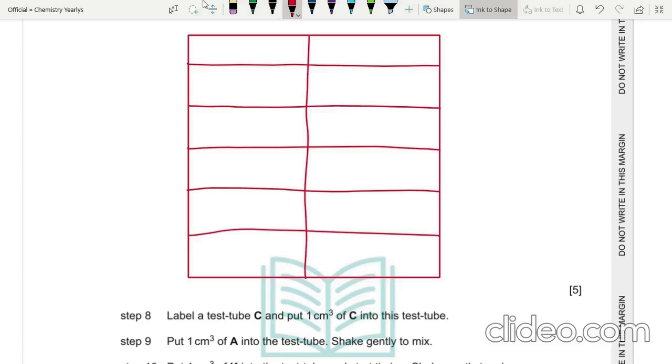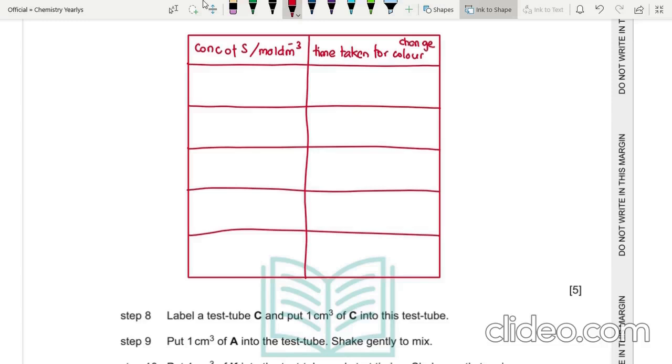In the first column, it will come the concentration of S solution. I am not writing the full form as I don't have enough space. And then mole dm cube. Then time taken for color change.